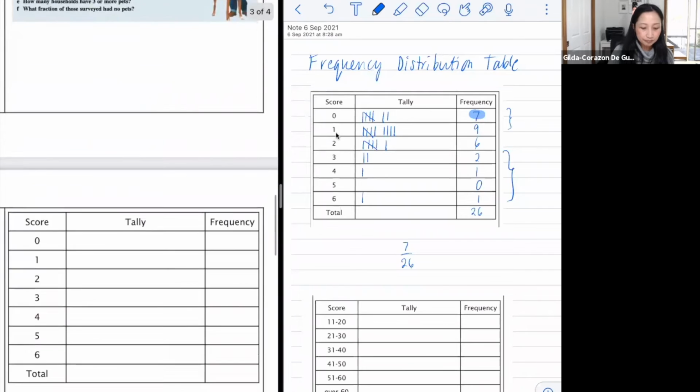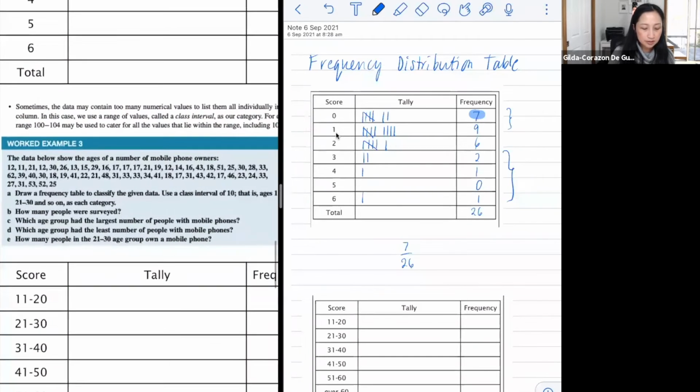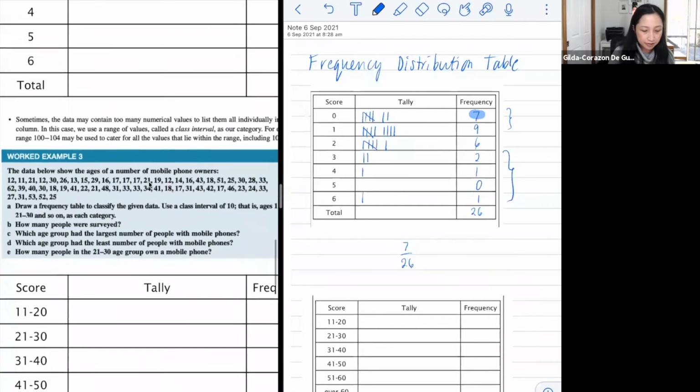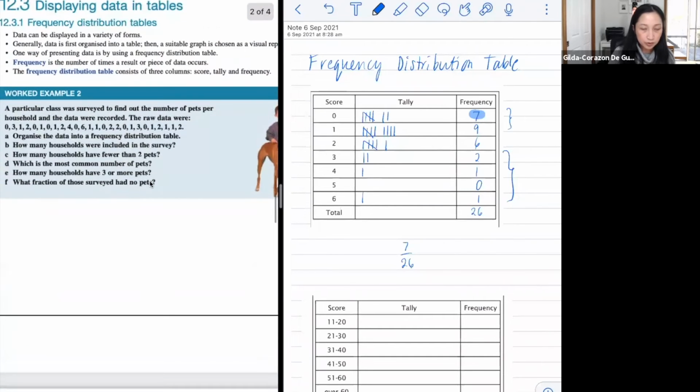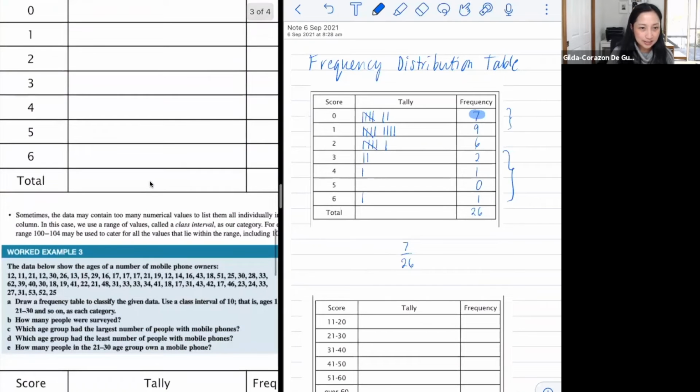All right. Next, if we look at this raw data here, there would be 12, 11, 21, 12, 30. What do you notice? How is this raw data different from what we had previously? Again, my favorite question. What's the same?